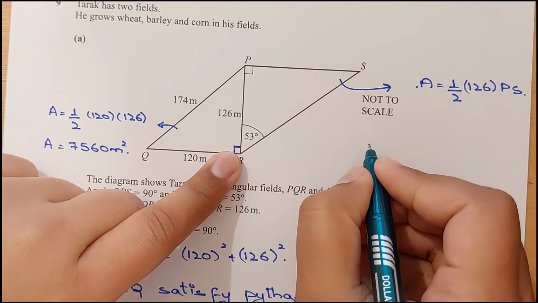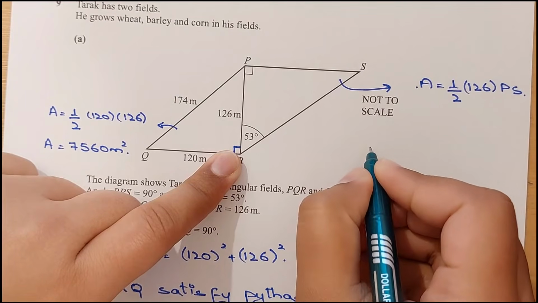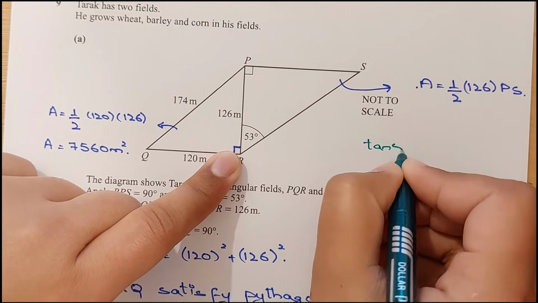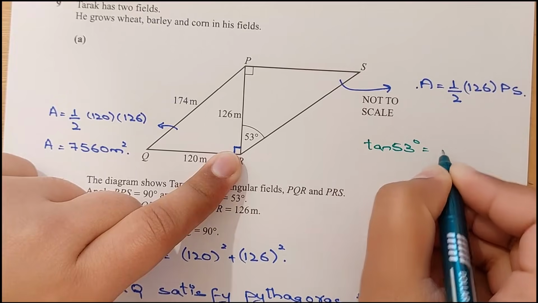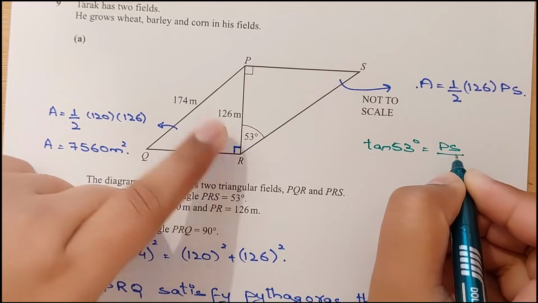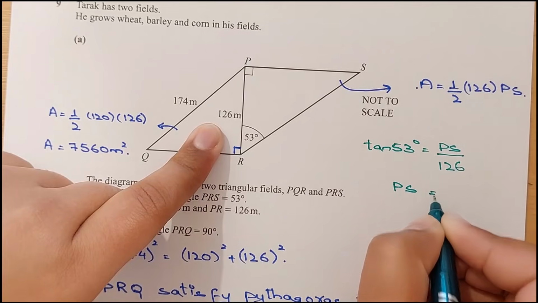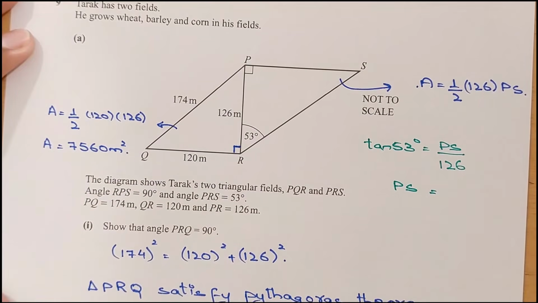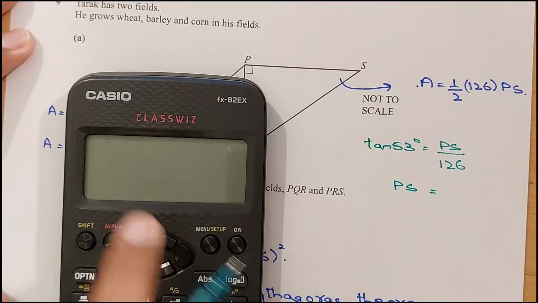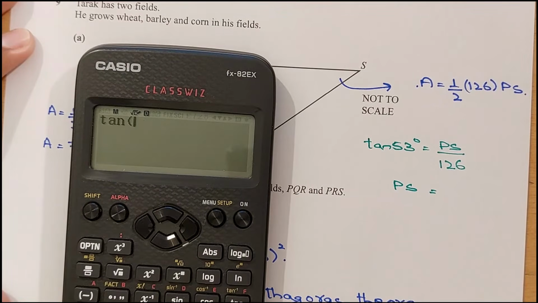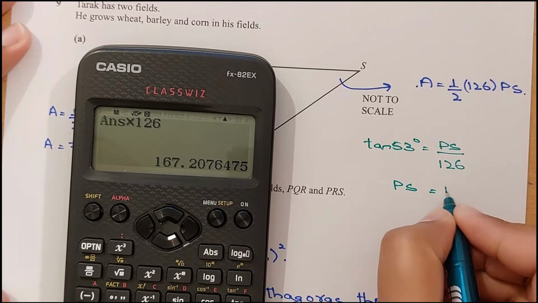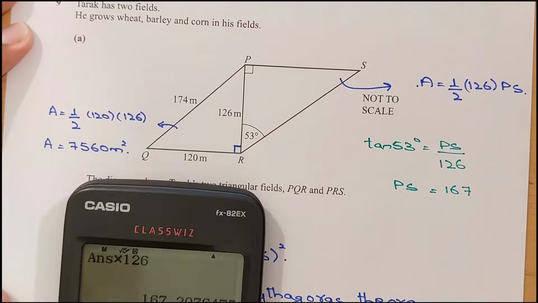Which trigonometric ratio? Opposite over adjacent, tangent. tan 53 degrees equals the opposite, which is PS, over the adjacent side, which is 126. To get the value for PS, we do tan 53 degrees times 126. This must be in degrees, right? Tan 53 times 126 equals 167.